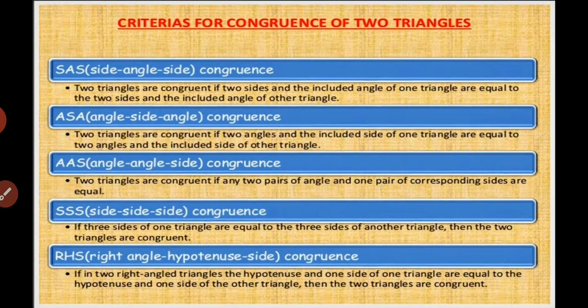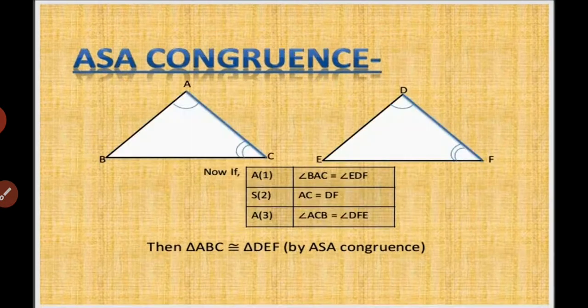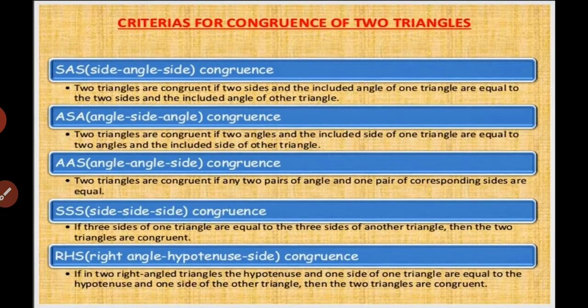AAS, angle angle side congruence. Two triangles are congruent if any two angles and one pair of corresponding sides are equal. SSS means side side side congruence. If three sides of one triangle are equal to the three sides of another triangle, then the two triangles are congruent.